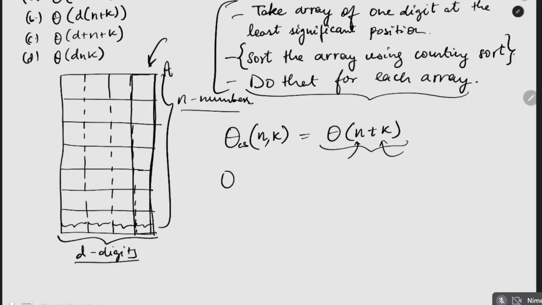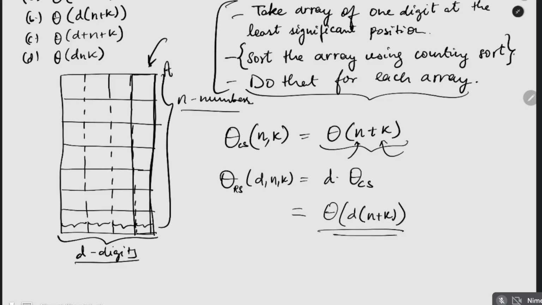right? So the final complexity for radix sort is basically d times the complexity of counting sort, and in the theta notation it can be written as d times n plus k, right?